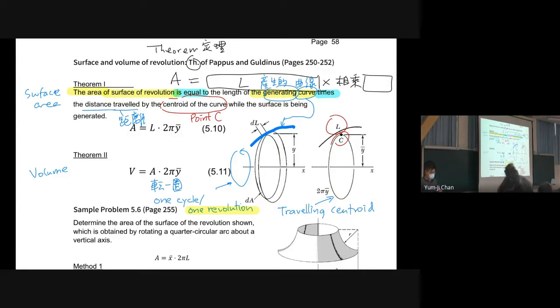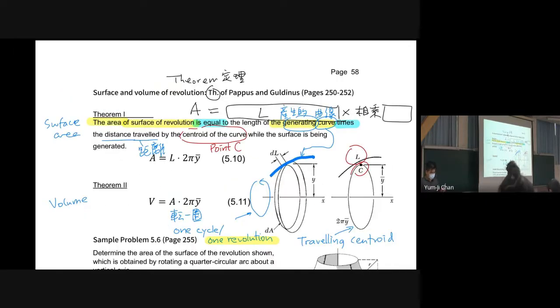I'm not sure if I have mentioned those terms related to the circle, just to remind you.